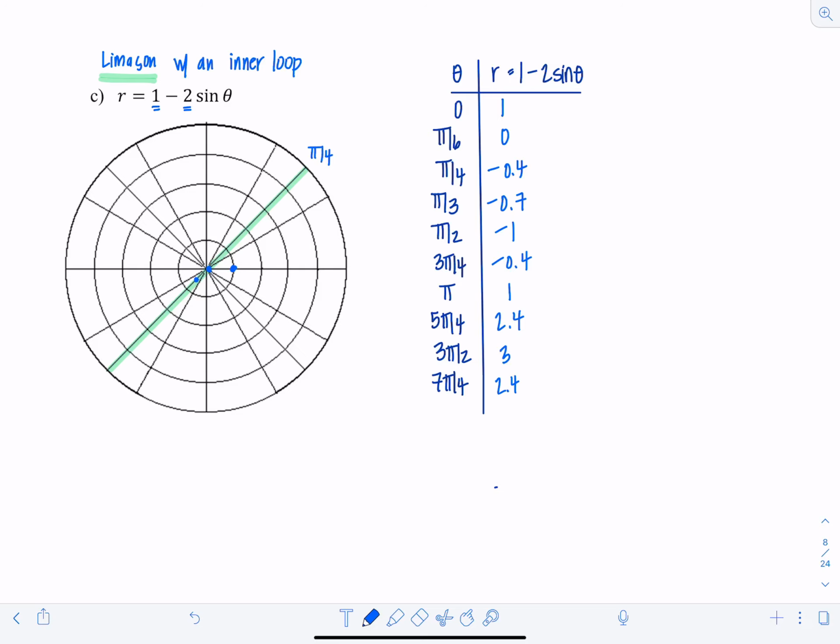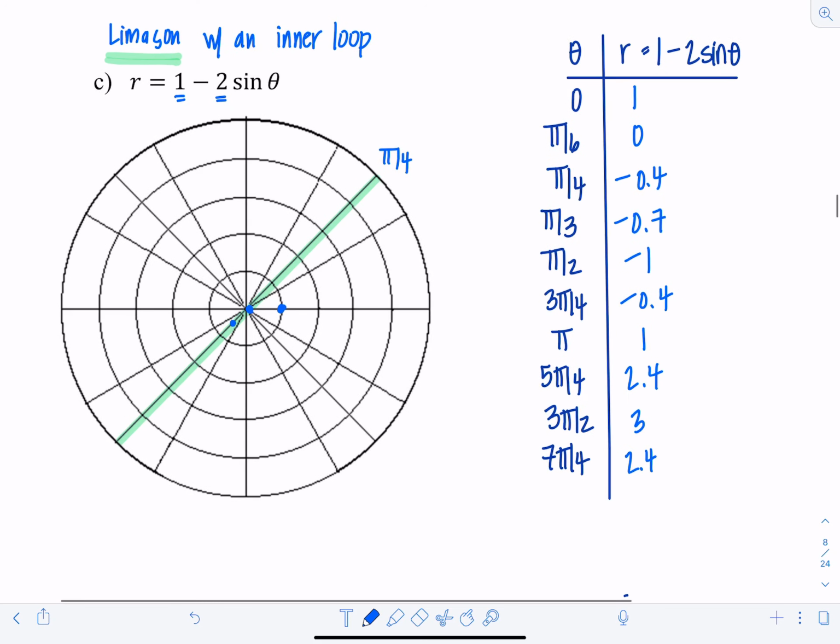So maybe here. I'll zoom. Is that helpful? And then pi over 3, also we have negative 0.7. So pi over 3 is right here, and we have negative 0.7. So maybe about here. And then at pi over 2, negative 1.